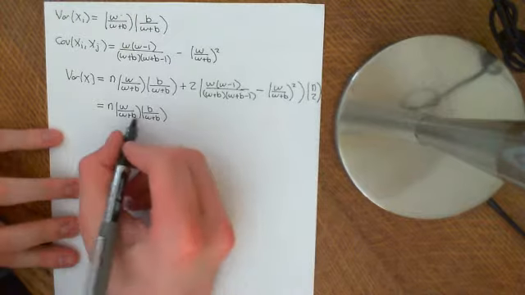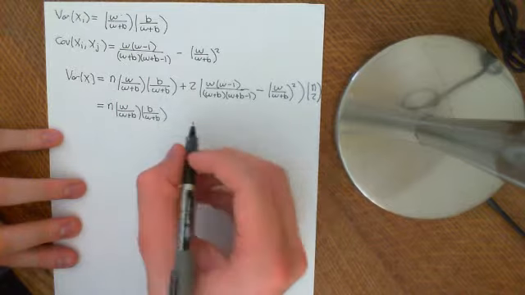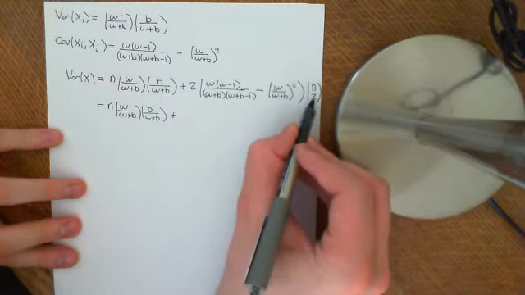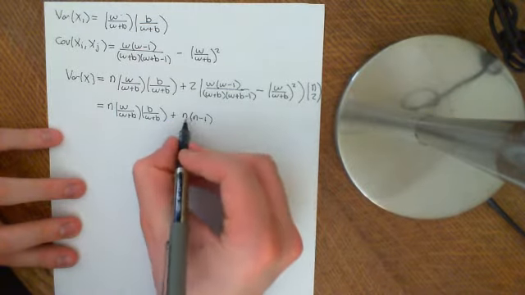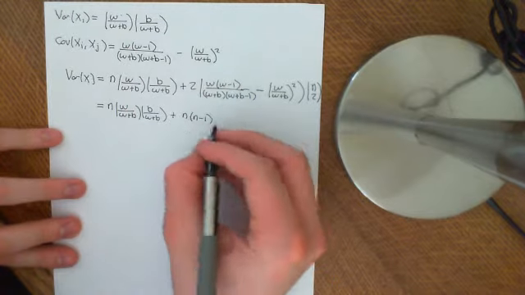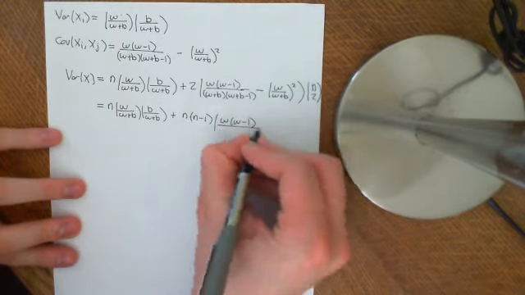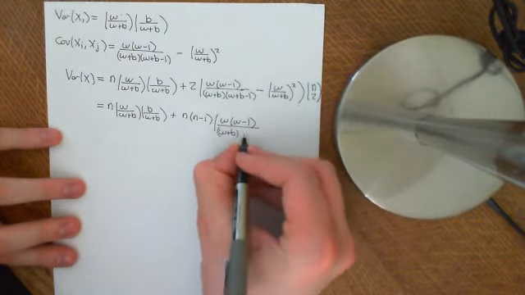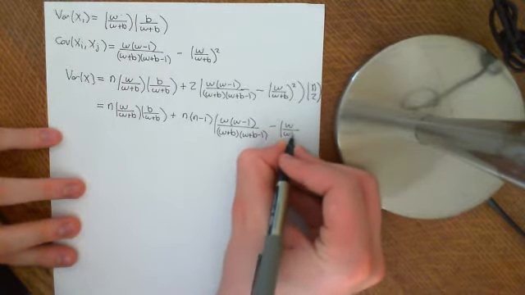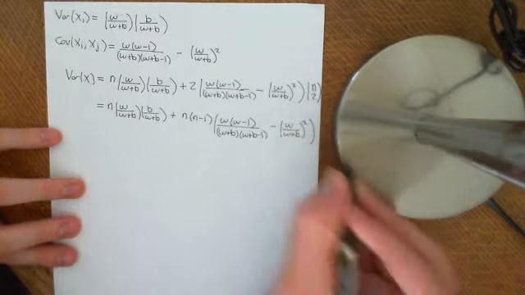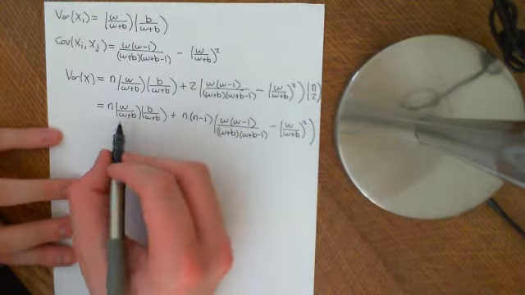Now if we expand the n choose 2, it will give us n times n minus 1 over 2 factorial, but the over 2 factorial cancels with the 2 here, and we'll get times this constant, w times w minus 1 over w plus b times w plus b minus 1 minus w over w plus b squared.